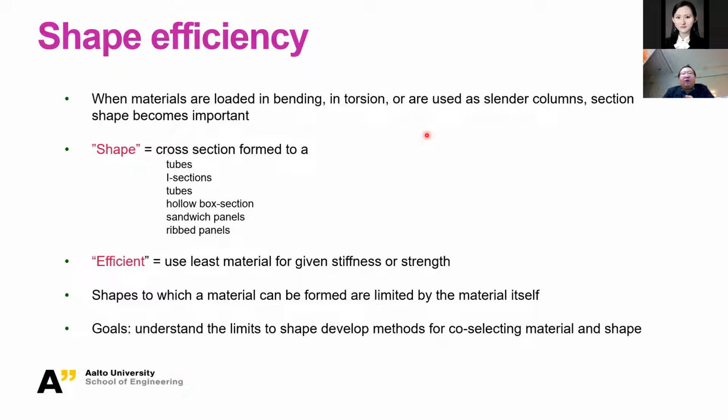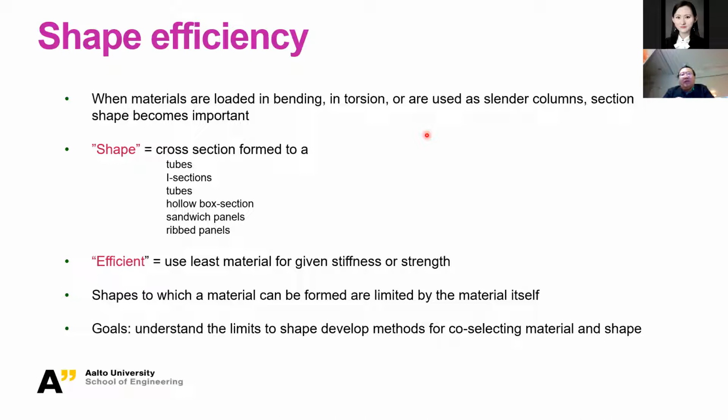We don't want to go to the entire shape of a structure. I will show you what that means in a minute. In that sense, we have a few options like tubes, I-beams, and the hollow box section, sandwich panel, and so on.